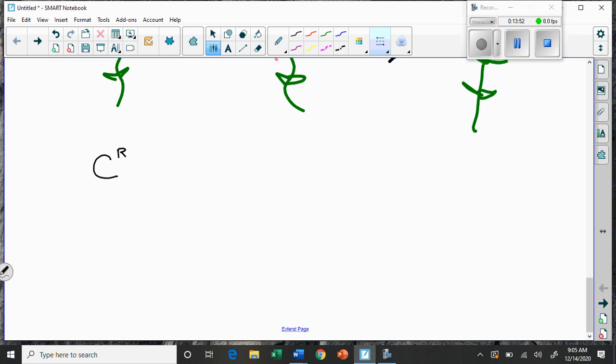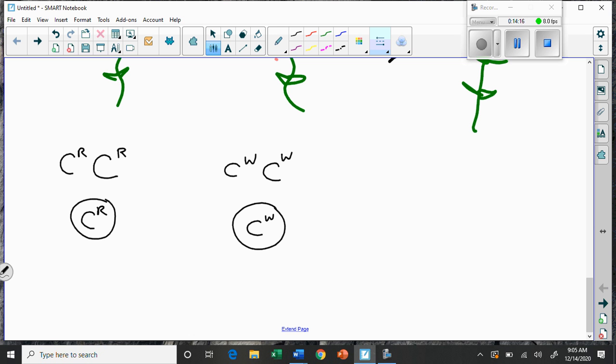And this would be a white flower, like this. Okay? And then when we describe the genotypes, if you cross them, this one would be C^R C^R, and this one would be C^W C^W, right? So the gametes that are possible are just the C^R, and here the only possible gamete is the C^W. That's the only way to be white, right?